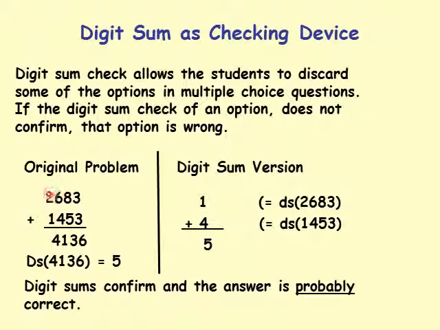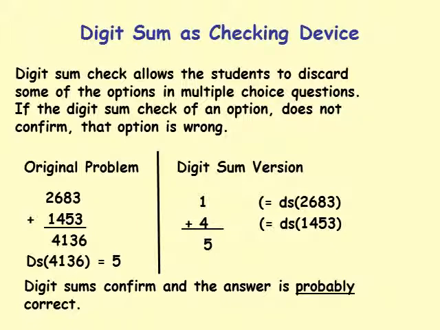The second check is the leftmost digit needs to be at least equal to the sum of the leftmost digits, 2 plus 1, maybe one more. 2 plus 1 is 3 and it's a 4, so that checks. On the rightmost, the right digit plus the right digit is 6, and that checks. So you need to do some digit sums. A digit sum would give you some idea that the answer is either wrong or probably right, and you do some more sanity checks to confirm your answer.